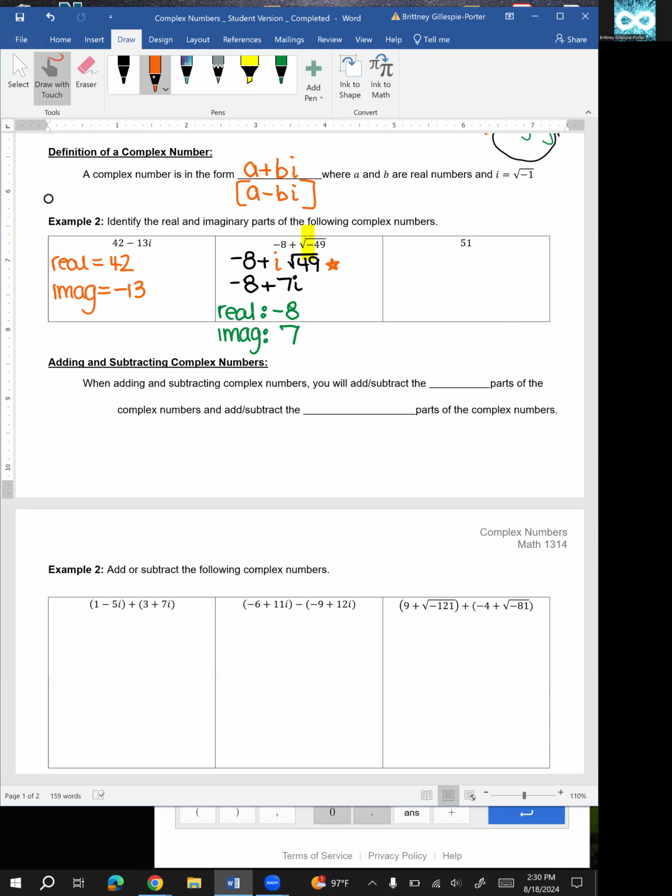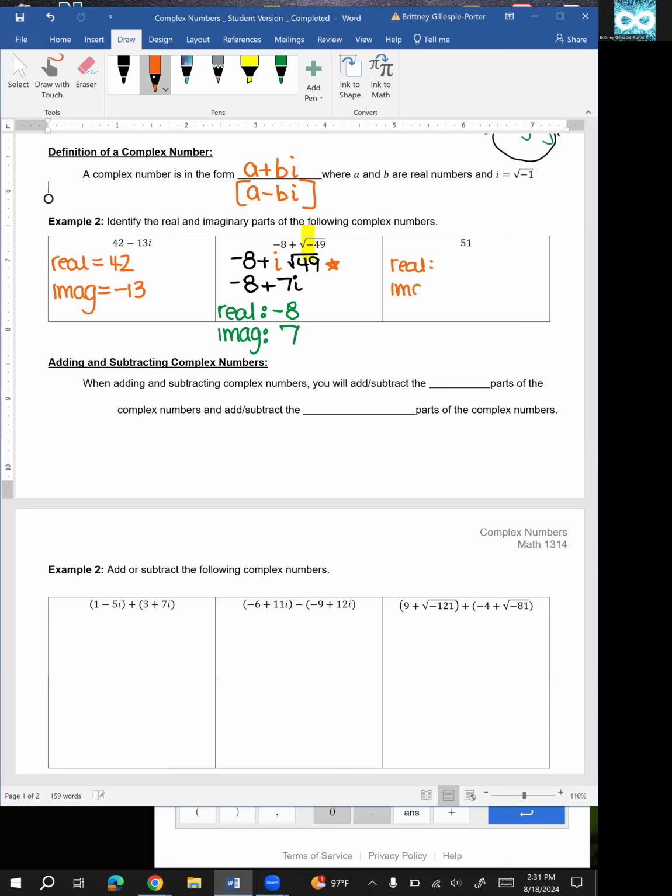Our last example is 51, and you may be thinking, wait, that's just a regular number. Yes, it's one of our regular real numbers, but it's also a complex number. Don't feel betrayed. It's still the 51 that you know and love that is relatively uncomplicated. Okay? But notice that there is no imaginary part here.